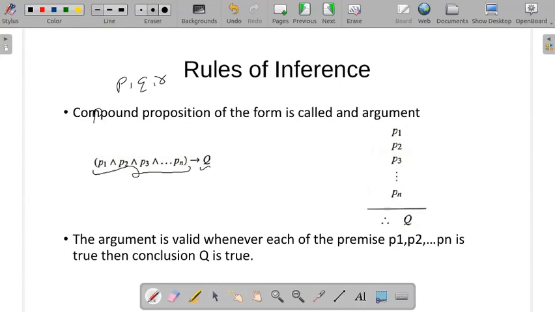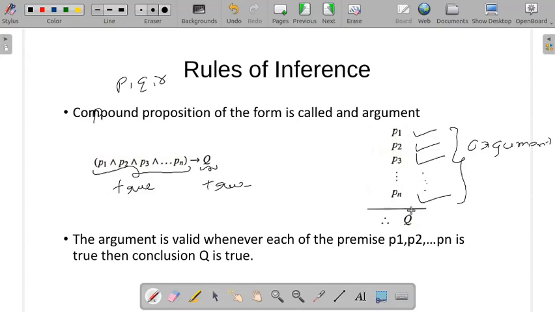Proposition 1, proposition 2, proposition 3, up to proposition n are independently called premises, and together this is called an argument.